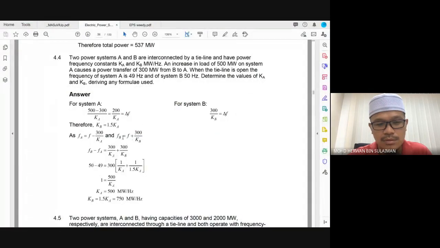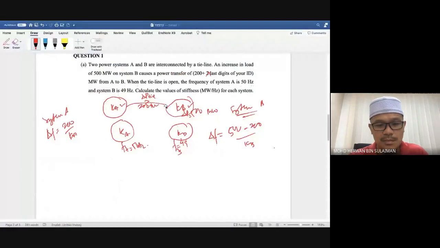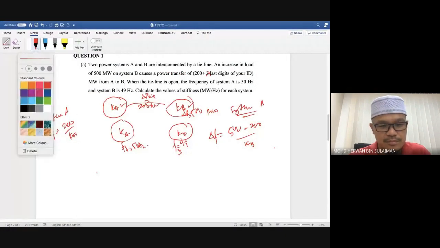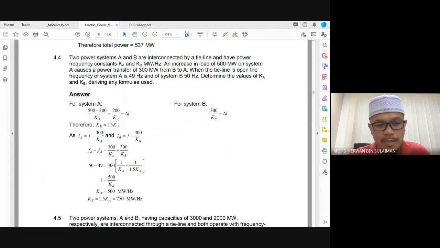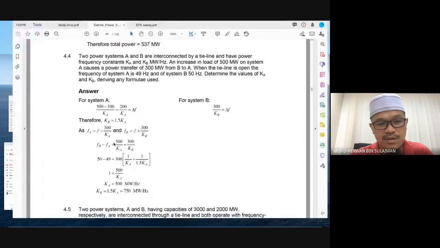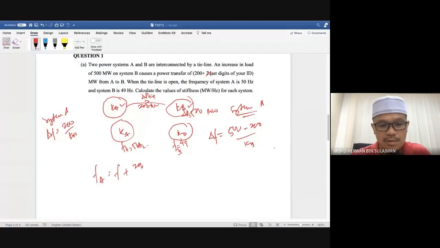So your FA now is F plus 200 over K plus, because the situation now is different, it is reversed. So FA is F plus 200 divided by KA, and FB is F minus 200 divided by KB.